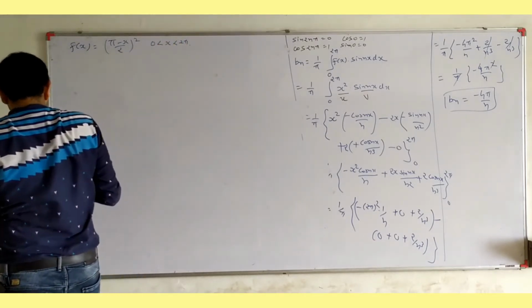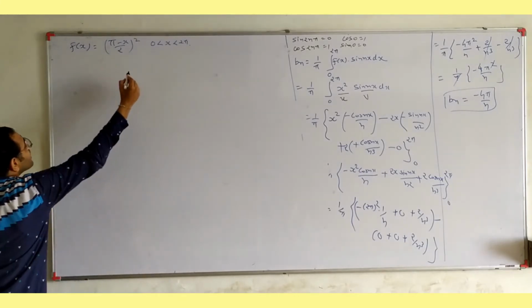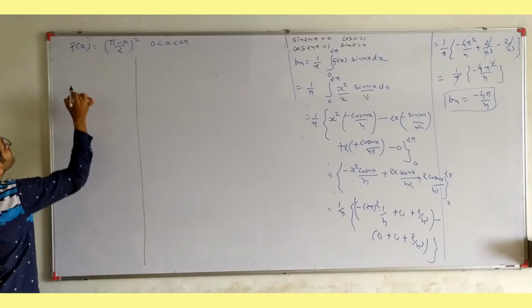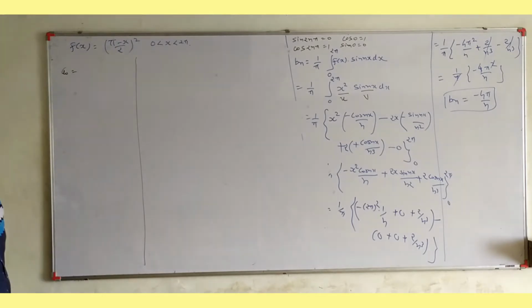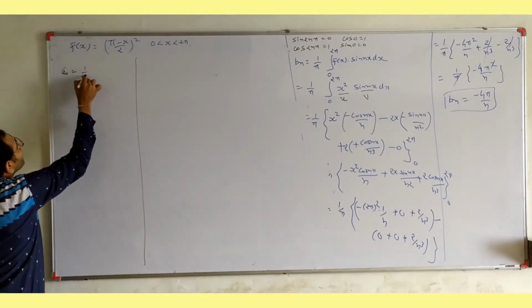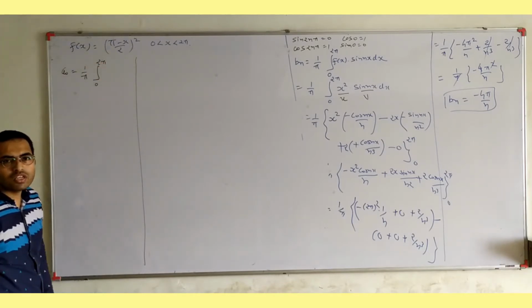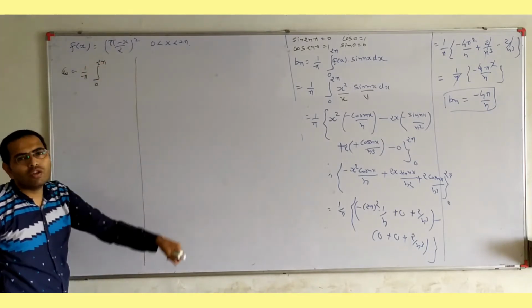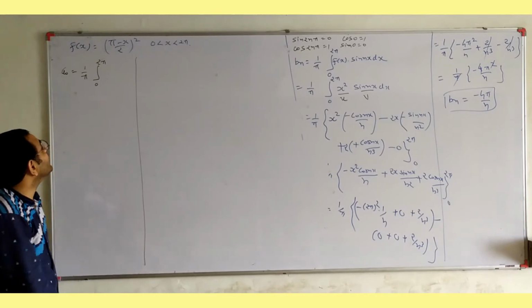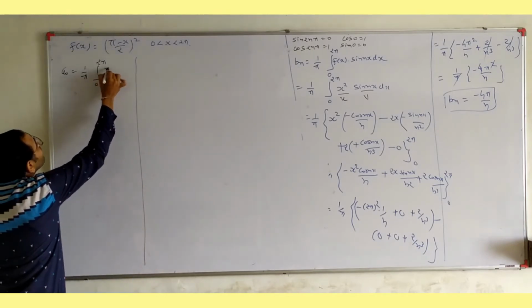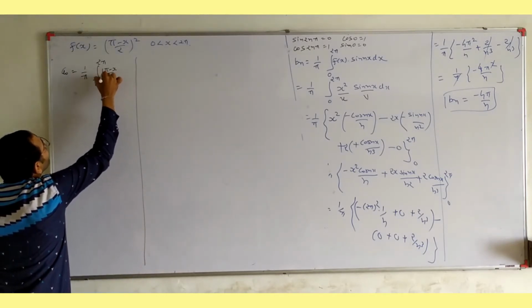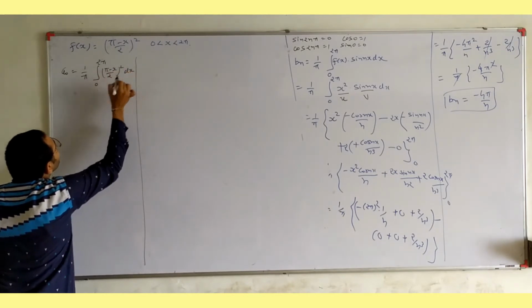First of all we find a0. Then a0 equals 1 upon pi integral 0 to 2 pi. Actually the limit is c to c plus 2 pi, but the initial value of c is 0. Then we can directly write 0 to 2 pi, (pi minus x by 2) whole square dx.